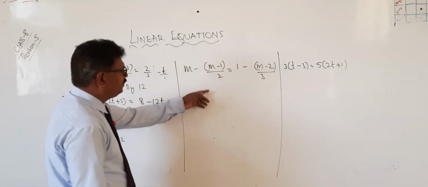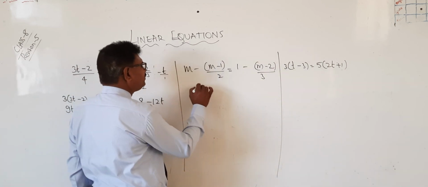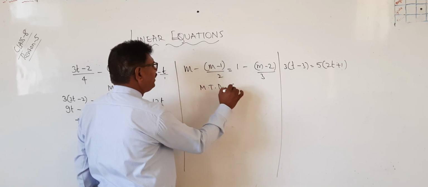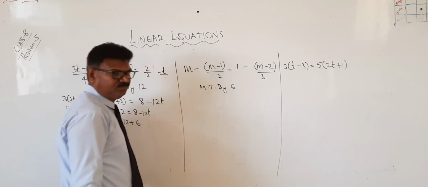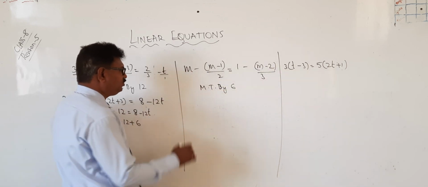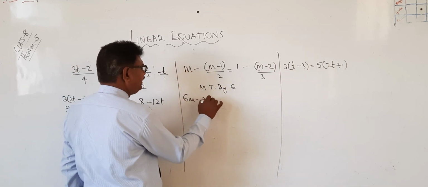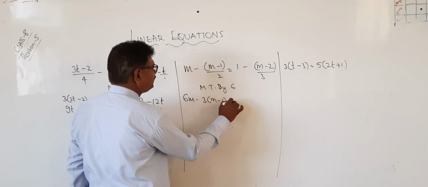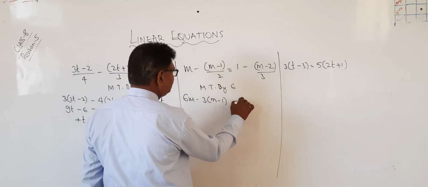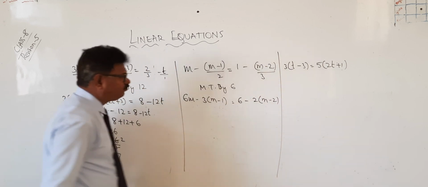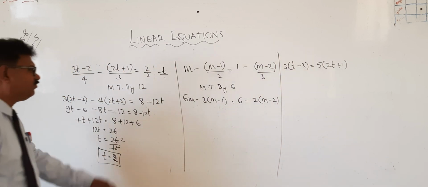Next here, 2 and 3 are there, LCM is 6, therefore multiply throughout by 6. Now 6 into m, 6m minus 3 into m minus 1 is equal to 6 minus 2 into m minus 2. Okay? So very simple.